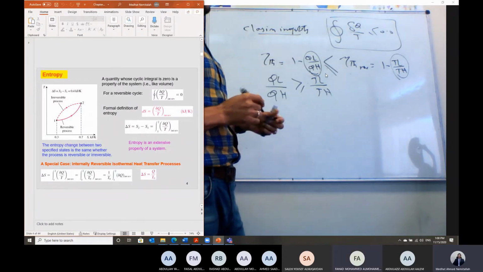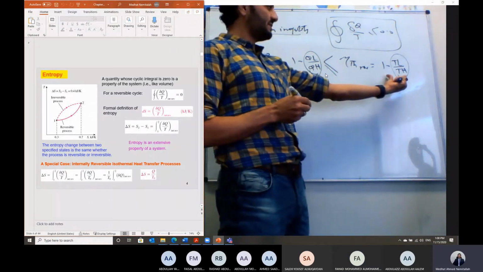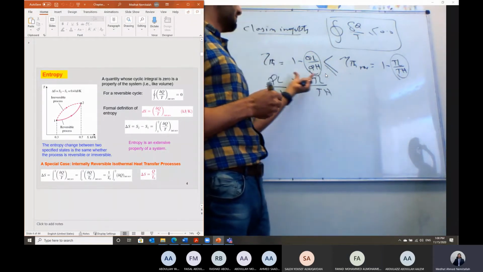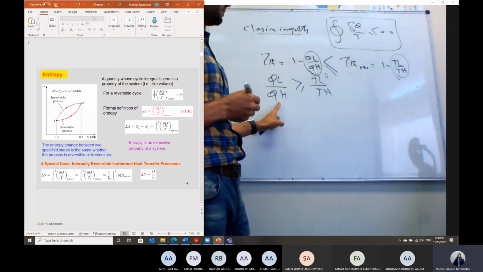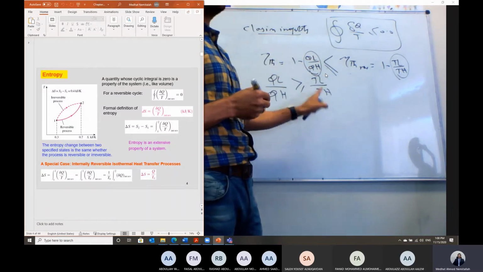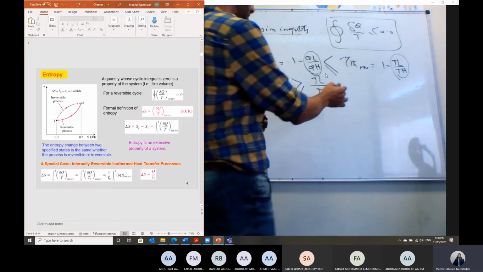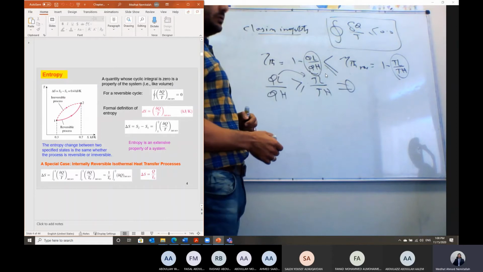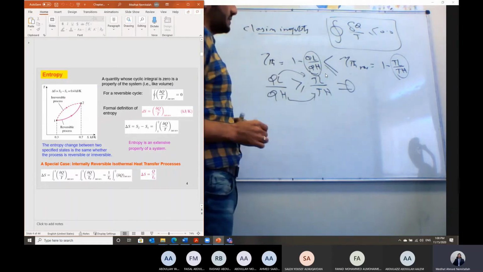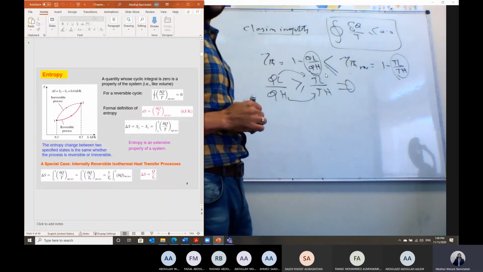Yes. To have 1 minus T low over T high greater than or equal to 1 minus Q low over Q high, that means Q low over Q high should be greater than or equal to T low over T high. Or based on this relation, we can just say Q low over T low should be greater than or equal to Q high divided by T high.